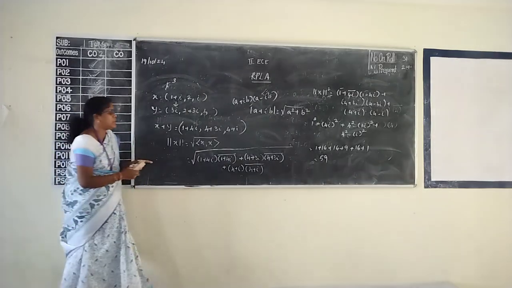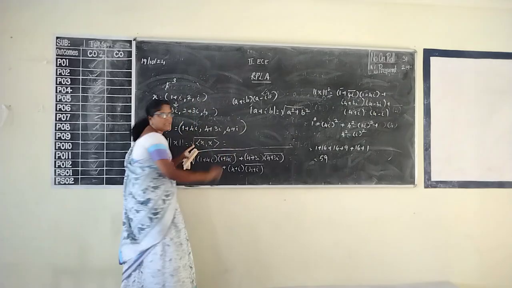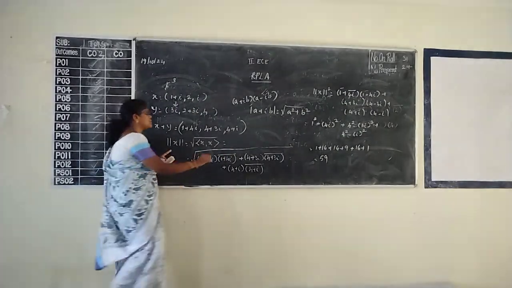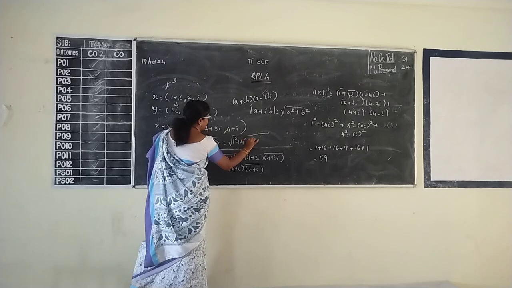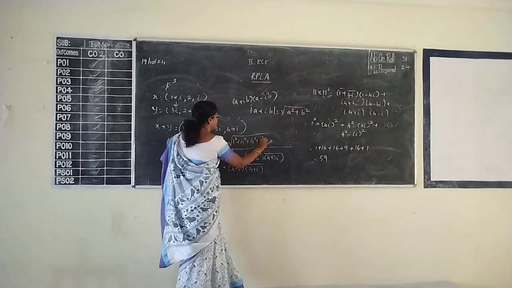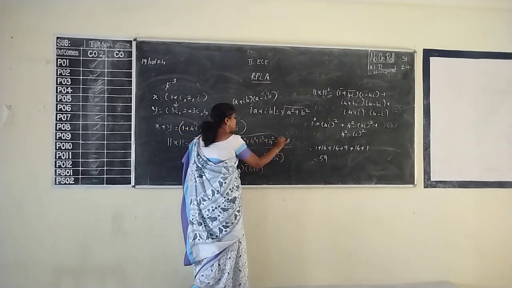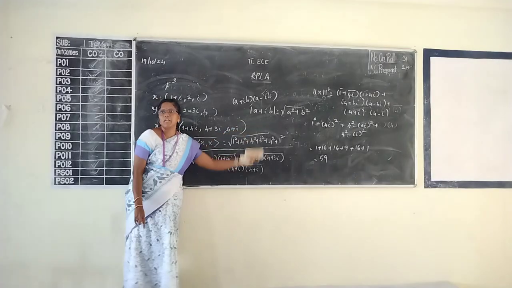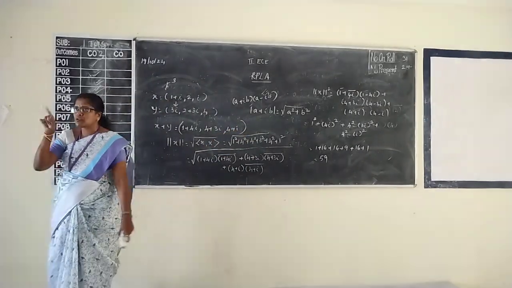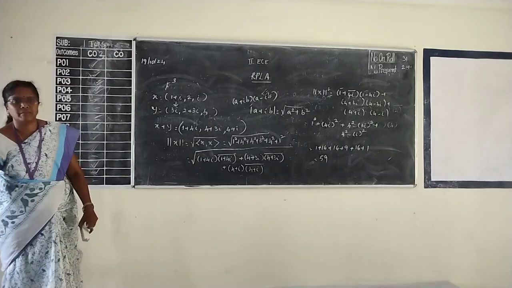If you know this well, here itself you can derive this to be the square root of 1 square plus 4 square plus 4 square plus 3 square plus 4 square plus 1 square, because we know already the modulus of A plus iB is the square root of A square plus B square.